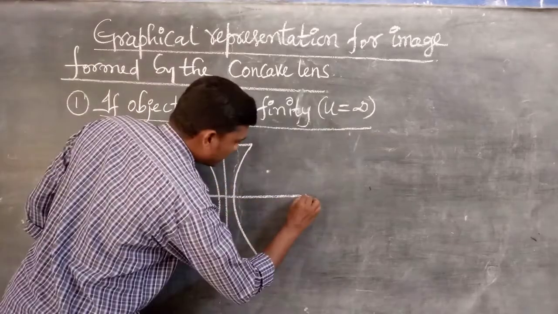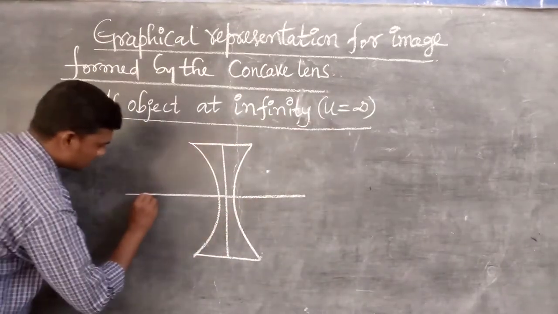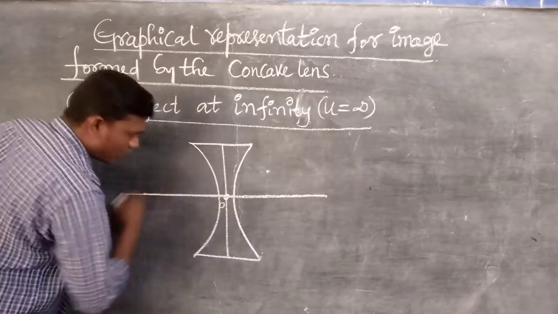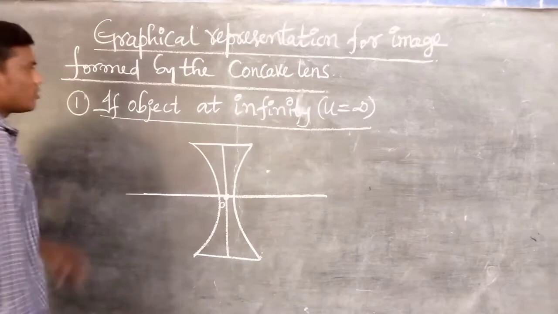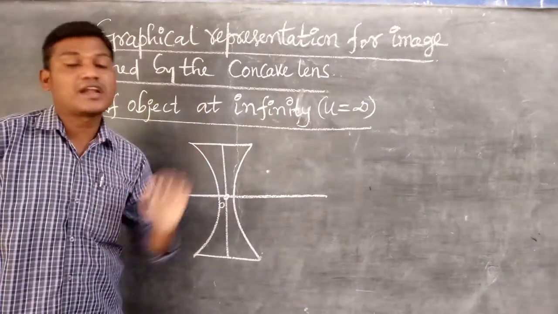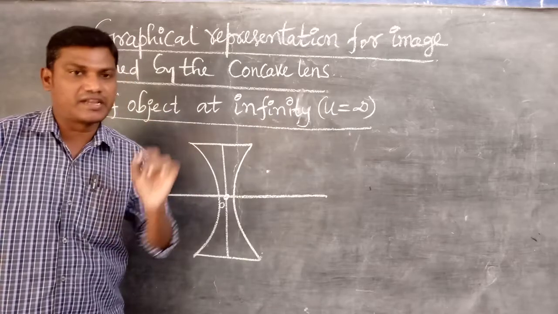We draw a principal axis, and the optic center O. Already I clearly explained to you, and I will tell you clearly.